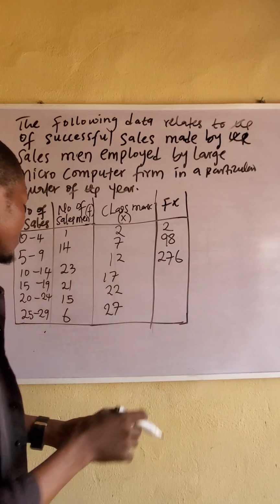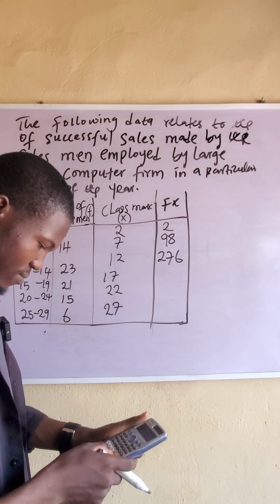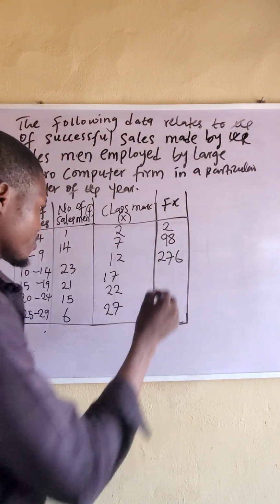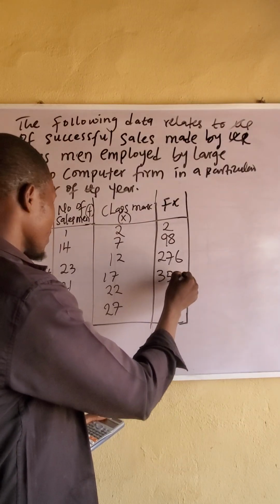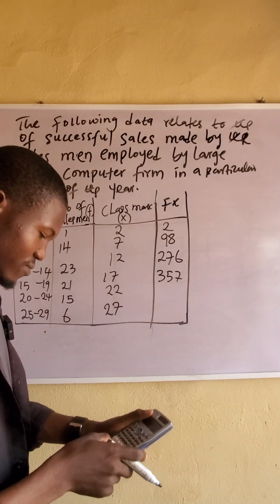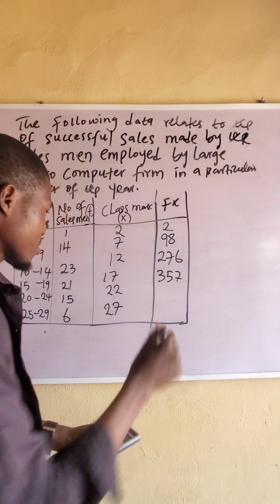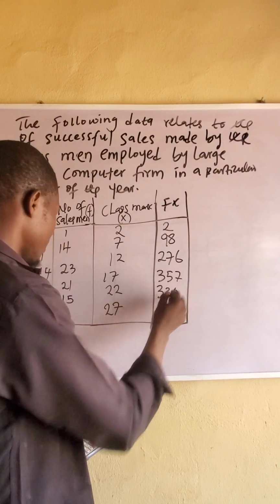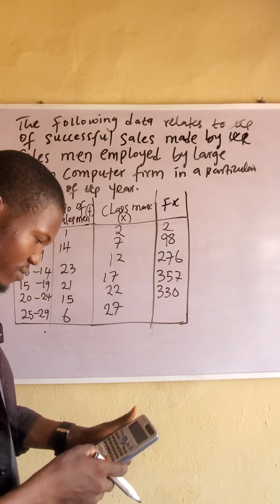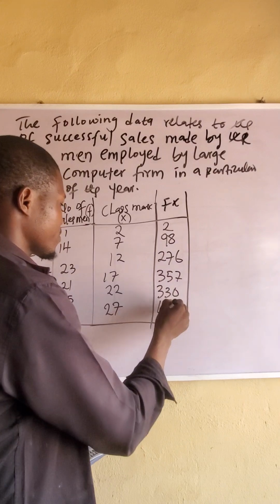Then 21 times 17 is 357. Then 15 times 22 gives 330. Then 6 times 27 gives 162.